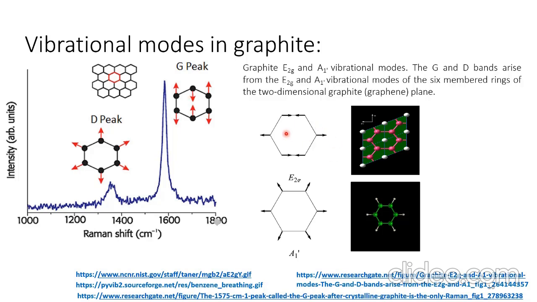If the vibration is in the graphite form, elongating in this direction, the G peak will have higher intensity. If the D peak is there, that means the breathing phenomenon of the ring is happening, going in and out. So the D peak comes from that.